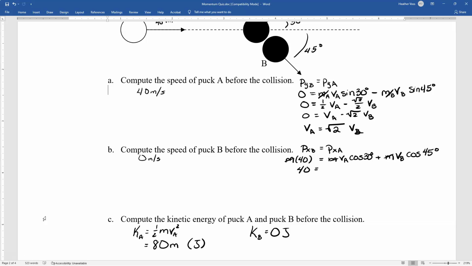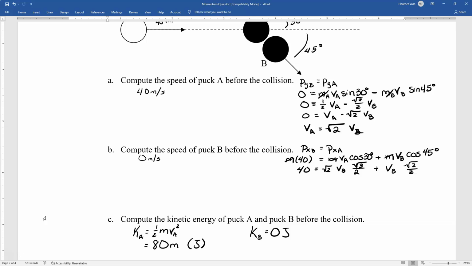So let's go ahead and use that. That's going to be square root of 2 times velocity of B. Now cosine of 30 is square root of 3 over 2. So then here I've got velocity of B. Cosine of 45 is square root of 2 over 2.